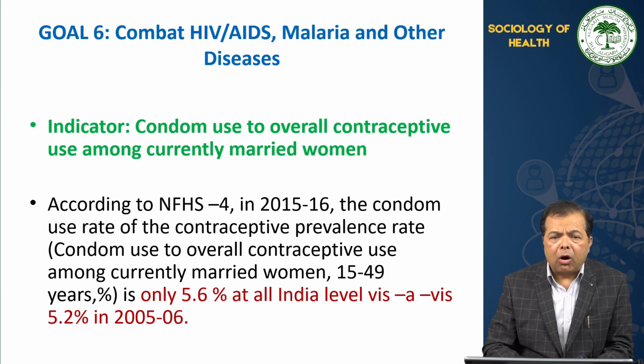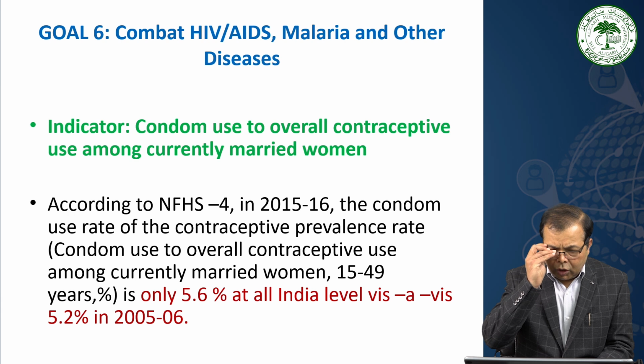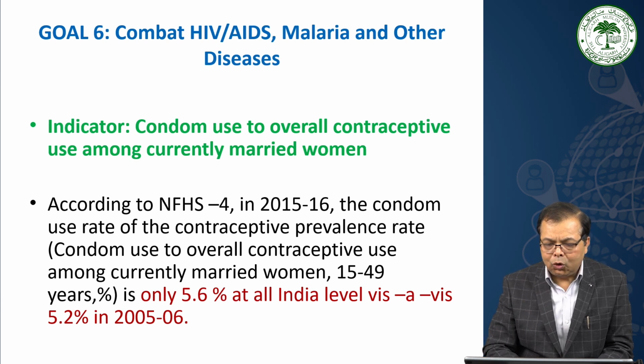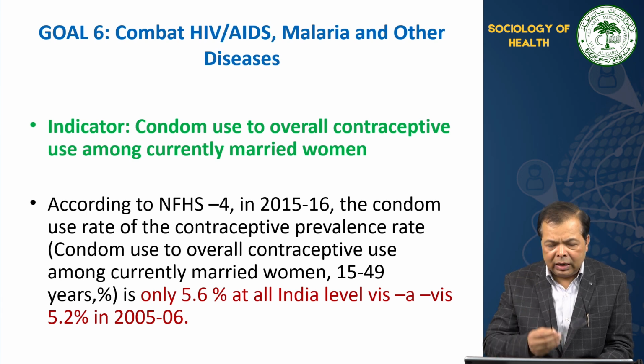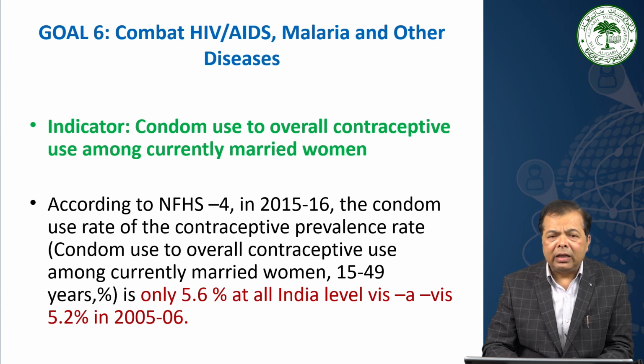Then the next important indicator here is basically the use of condom to overall contraceptive use among currently married women. Now, this indicator is important in the sense that use of condoms actually creates an environment in which the transmission of HIV virus is not possible.